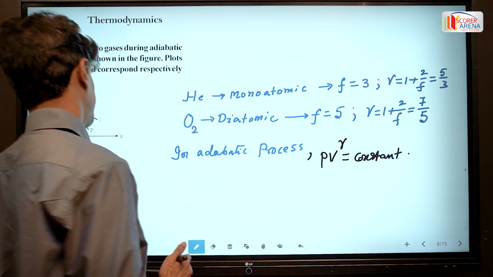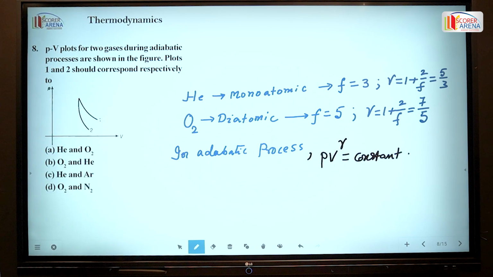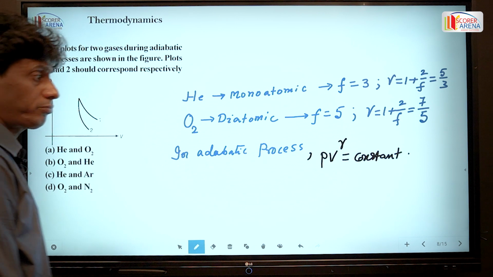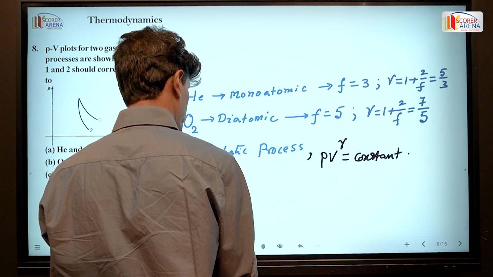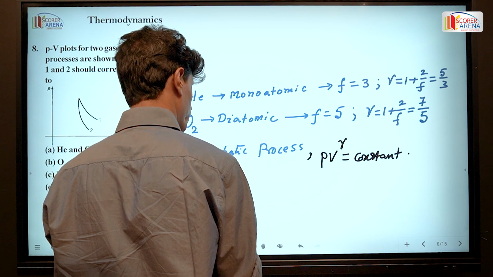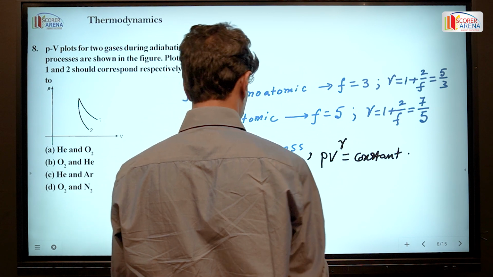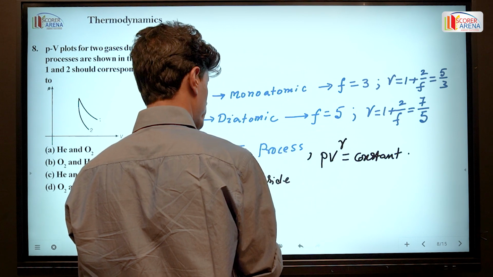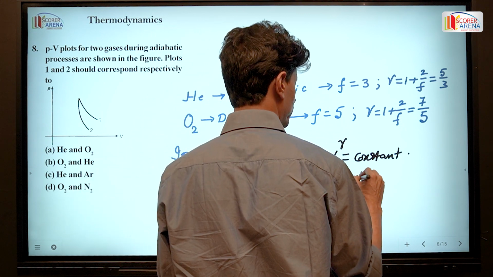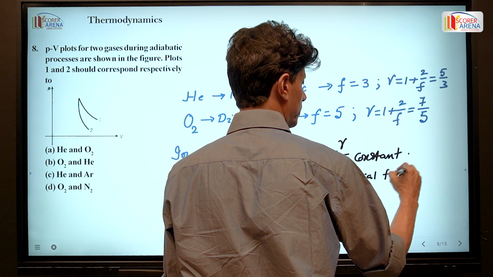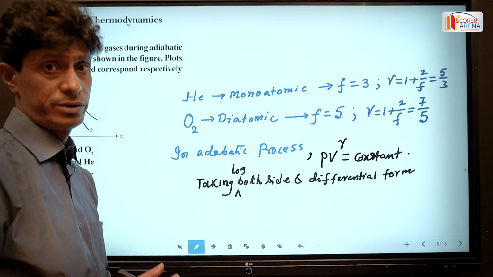So here, for graph 1 and graph 2, taking log on both sides, and in differential form, we can get the slope of the graph.